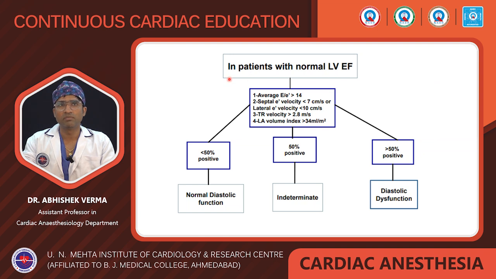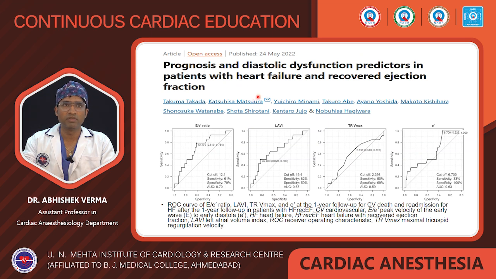First, a patient with normal EF. In normal EF, we measure these 4 parameters: E by E prime, E prime velocity, TR velocity, and the LA volume. Why these 4? Because, as I showed in a previous slide, these 4 parameters, E by E prime, LA volume index, TR Gmax, and the E prime, are the main predictors of diastolic dysfunction.